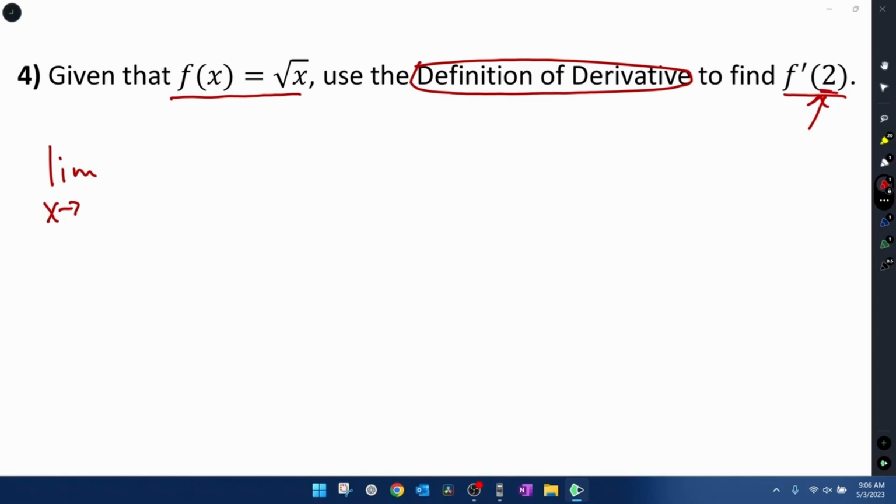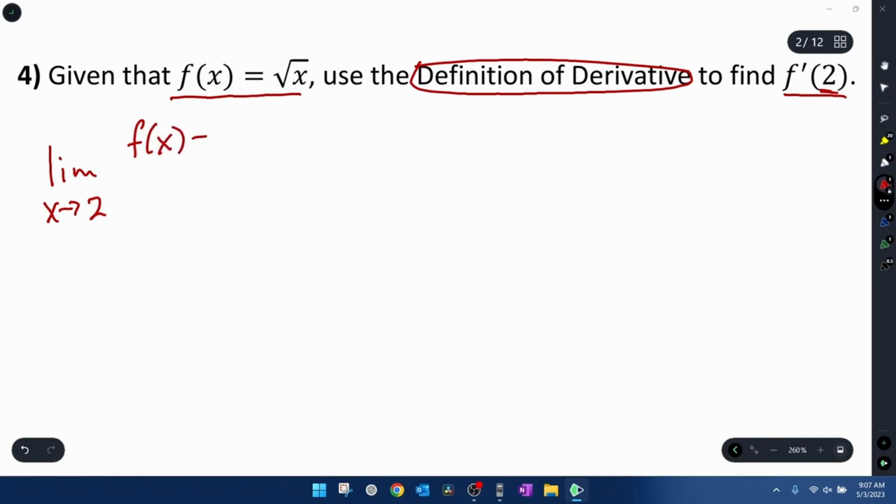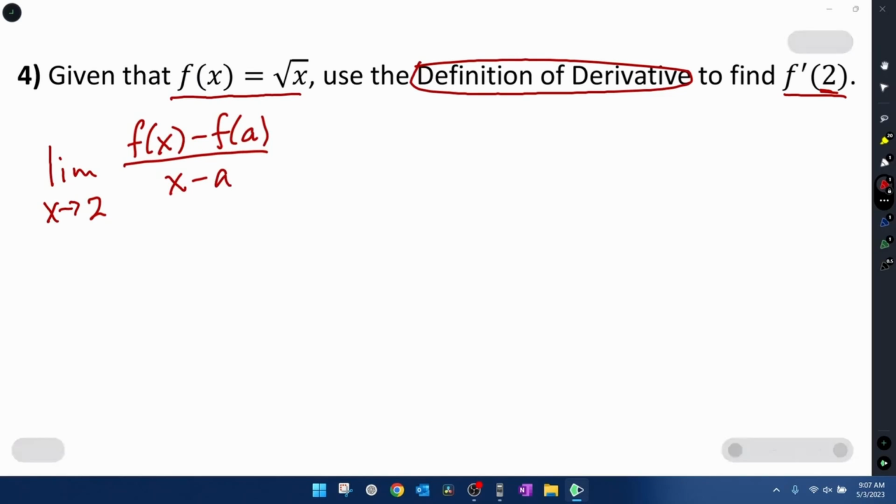If you remember, the formula said the limit as x approaches a, and a was the number we're concerned with. So we're going to say the limit as x approaches 2 of f of x minus f of a all over x minus a.